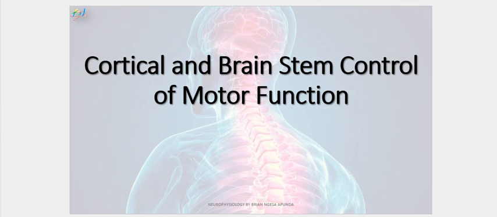Welcome to the last part of our motor wing of the nervous system, specifically the skeletal motor. Last time we discussed the motor aspect, that is the voluntary and the involuntary aspects of skeletal movement.